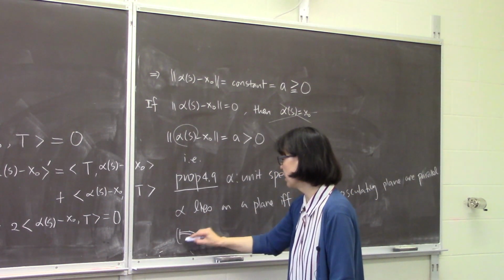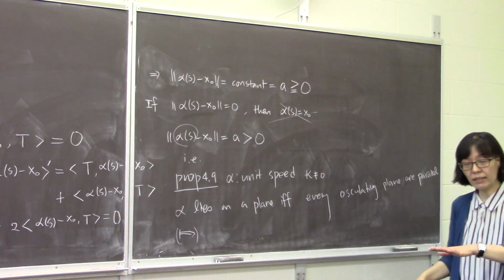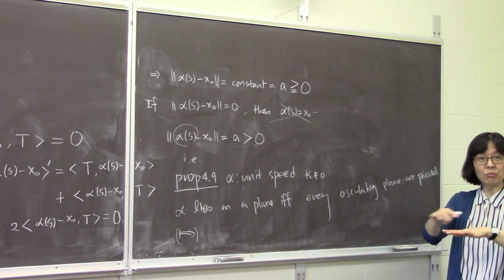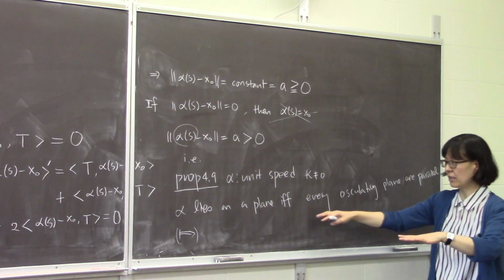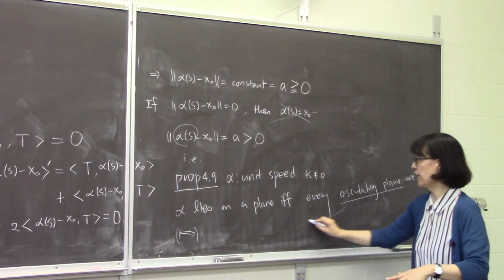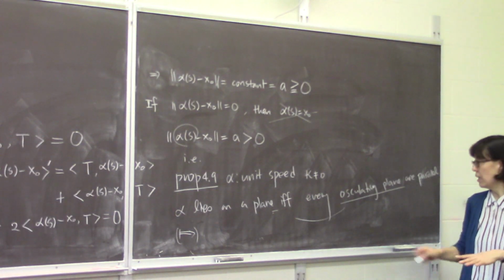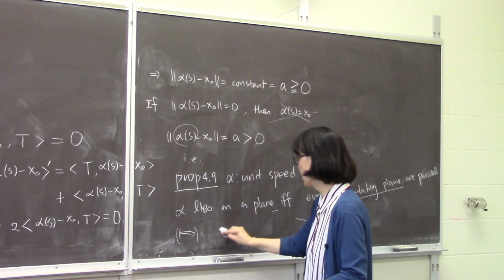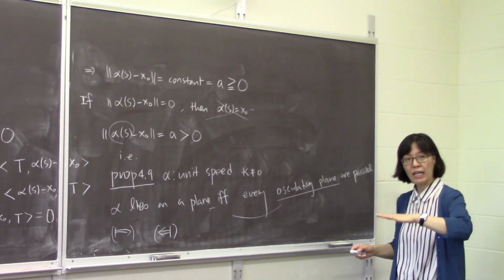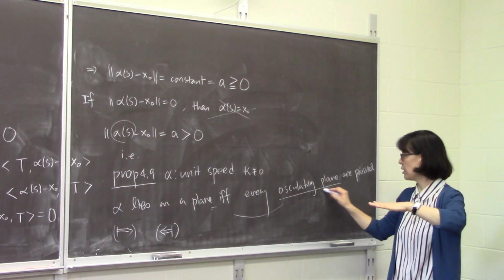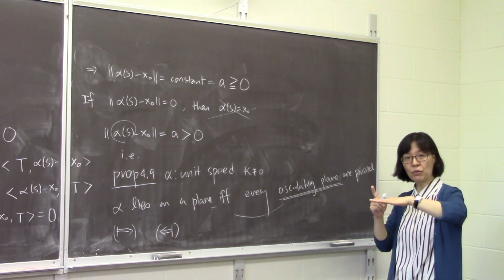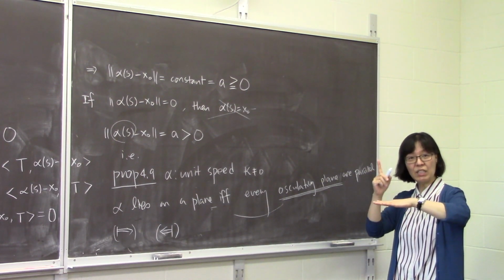If you go this way, alpha lies on the plane, then what is the osculating plane? The same, right? The plane that has alpha in it. So osculating plane is that plane, same plane. If you go the other way, if you assume every osculating planes are parallel to each other, then the osculating planes are the planes orthogonal to B, right?